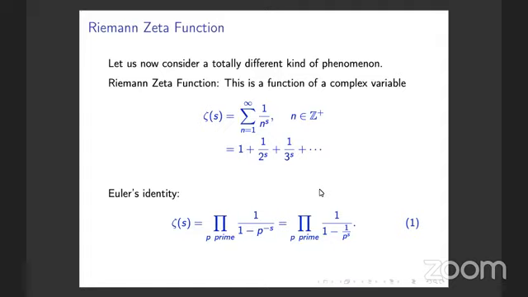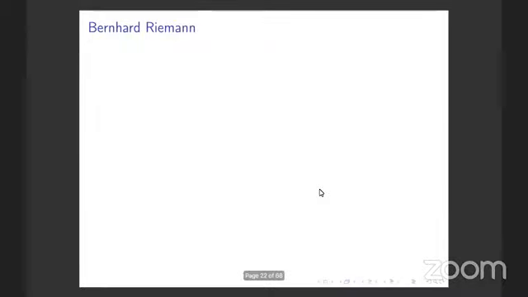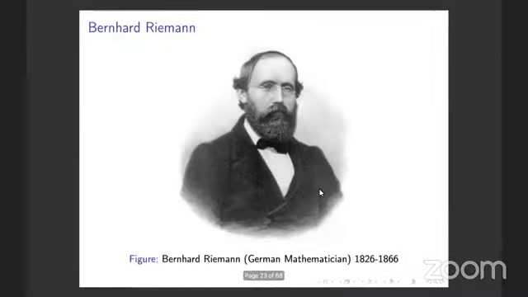So you have converted an infinite sum into an infinite product. And again, mysteriously, there are lots of functions in mathematics which you can express both as an infinite sum as well as an infinite product. Here's a picture of Riemann, a German mathematician from the 19th century. By his time there was some vague notion of what it means for an infinite product or an infinite sum to make sense, but it wasn't as precise as we know it today.